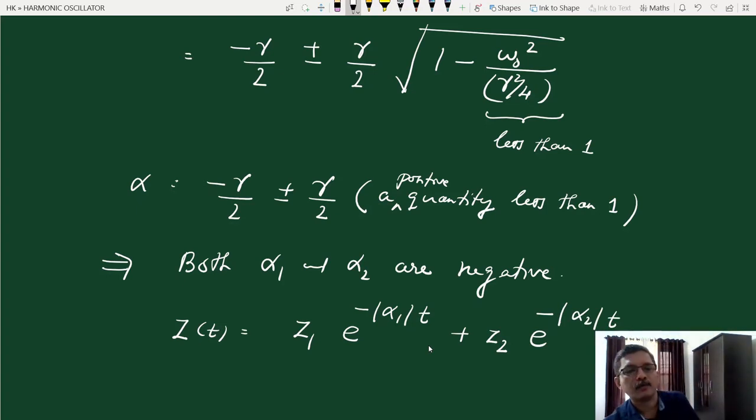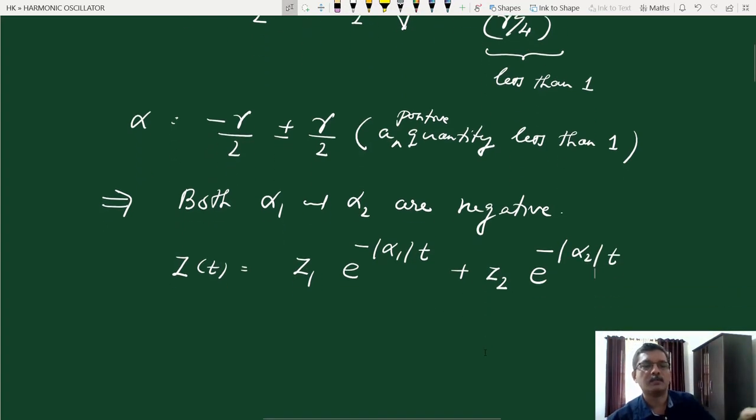Let us say the values of alpha 1 and alpha 2 are, as in our previous example, minus 12 and minus 8.